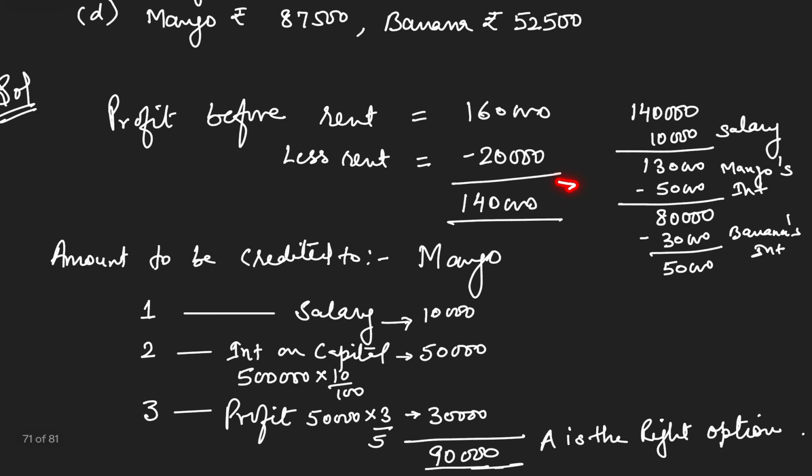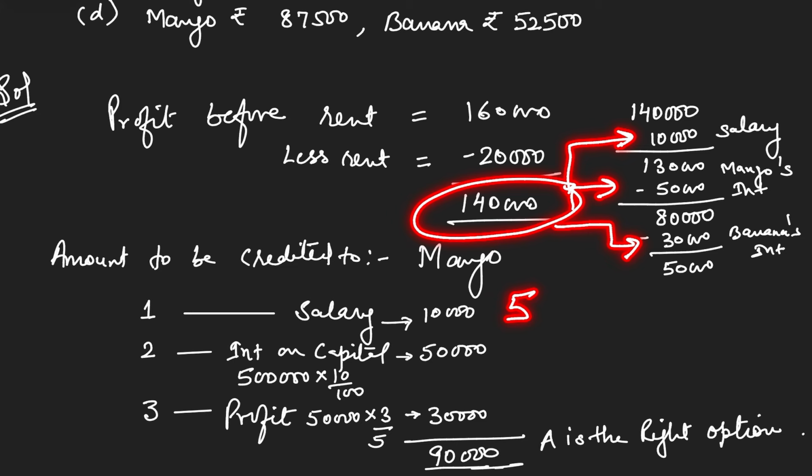To find out the profit, let's see how we have calculated. So this profit of 1,40,000, out of that we should subtract the salary, then we should subtract the interest of Mango, and then interest of Banana also.